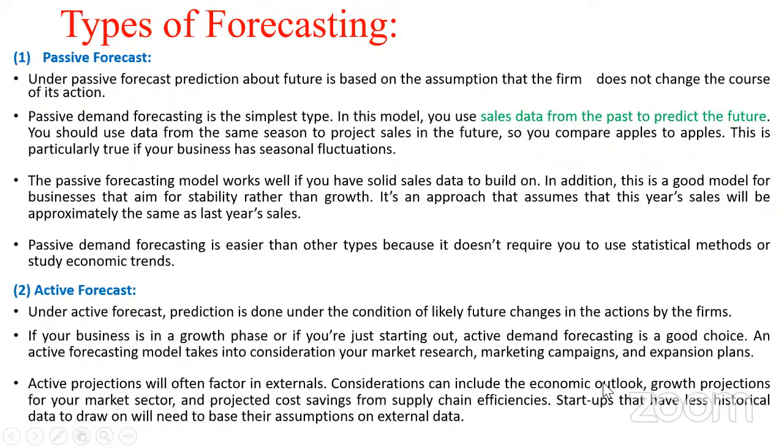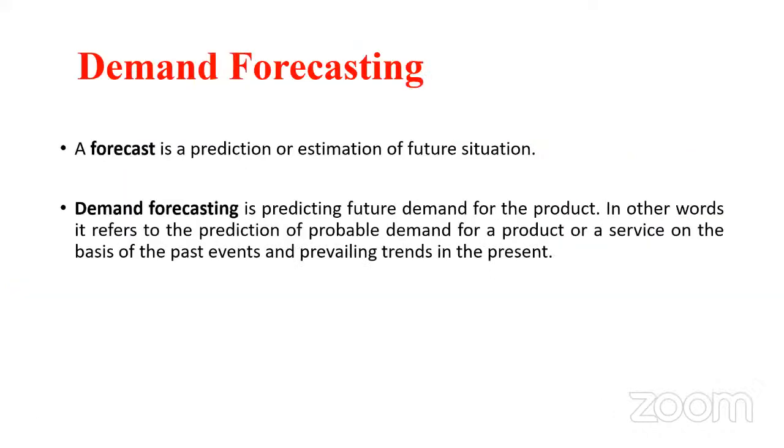Okay. Before we start with forecasting, in the last class we covered scheduling and sequencing. We may come across different types of sequencing processes, like one machine with multiple jobs, two machines with multiple jobs, and in the same pattern, multiple machines with multiple jobs.